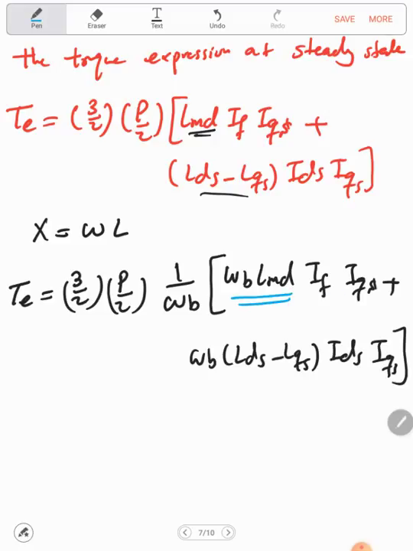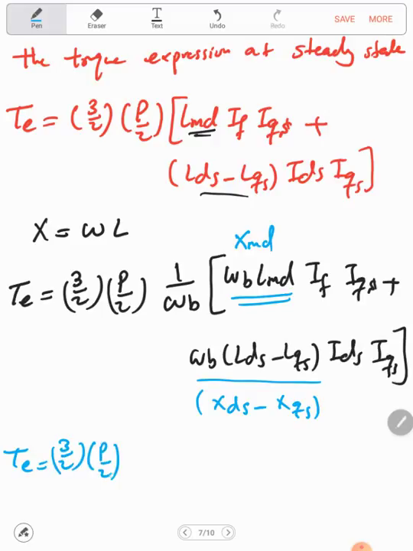So now this is the XMD, and those will be the XDS minus the XQS. So now we can write the torque TE equal to 3 over 2 P over 2 1 over omega base, the frequency that the reactance is calculated in. And if we have a single excitation system, then omega B is equal to omega E.